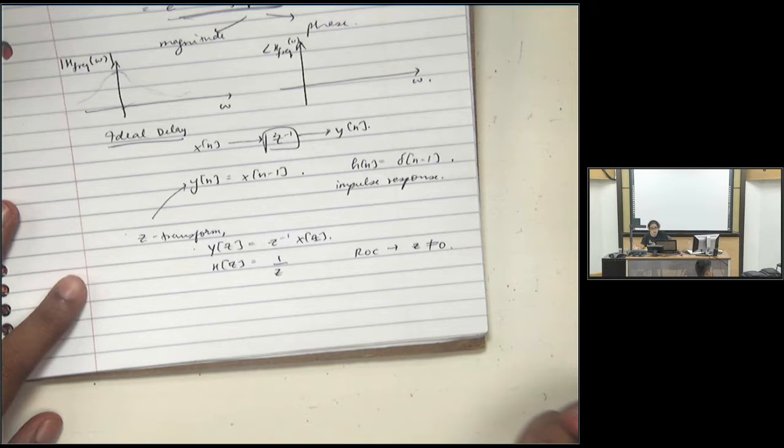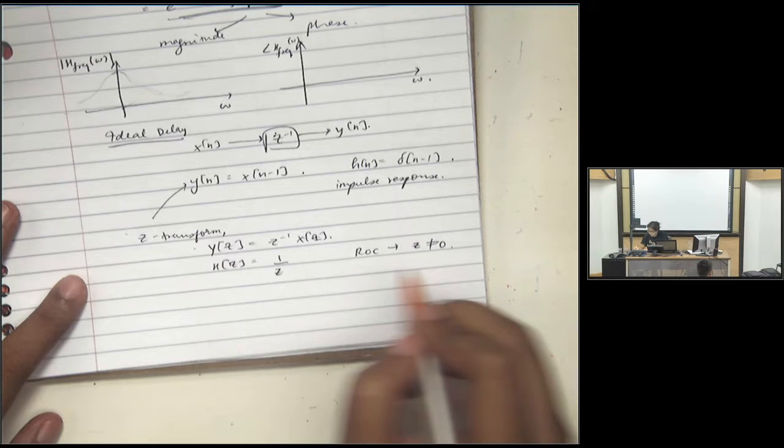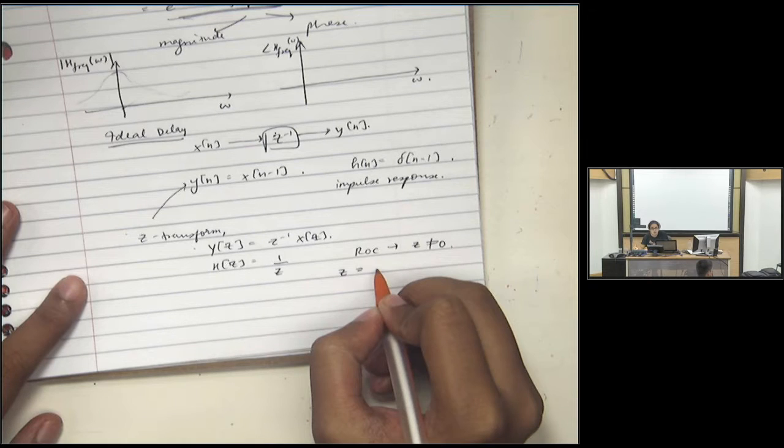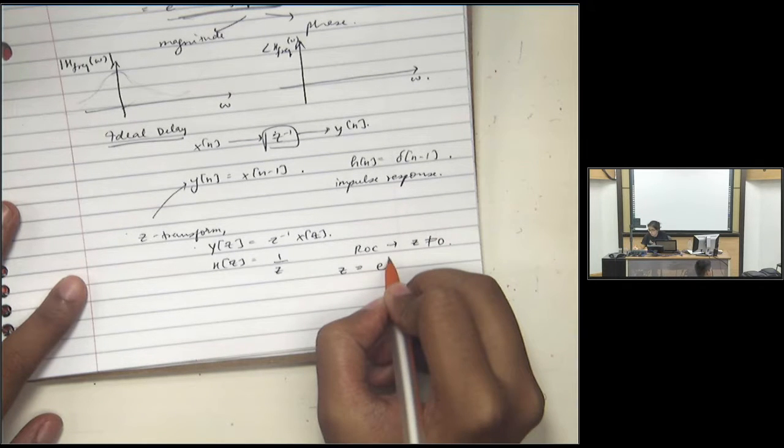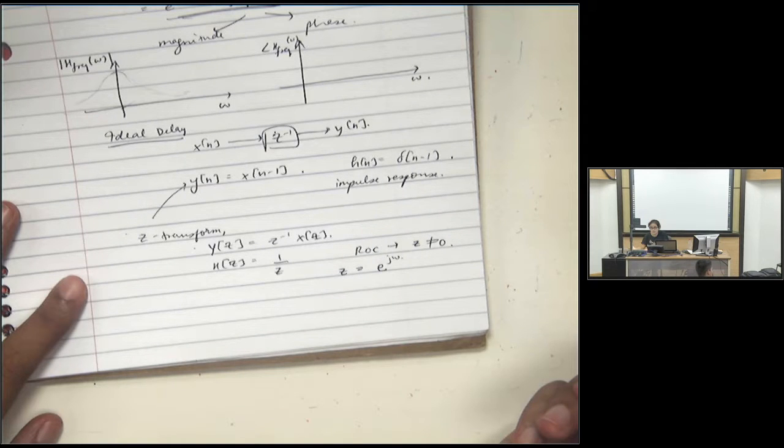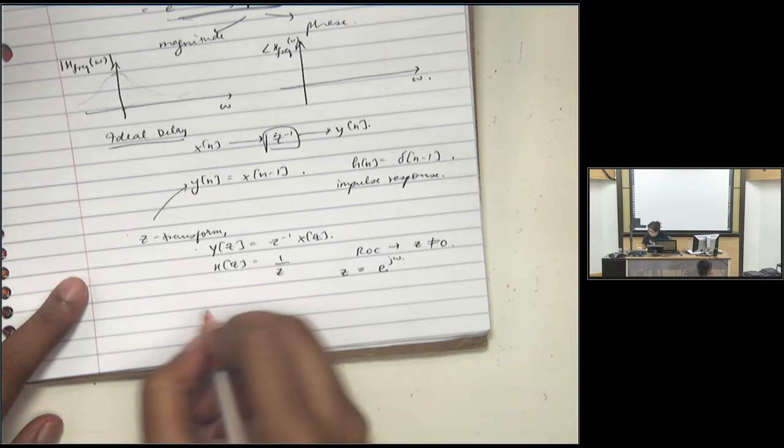And when the ROC includes the unit circle, then I can make a substitution z equals e raised to power j omega. Okay? When I go from S to frequency domain, then it's j omega. When I go from Z to frequency domain, it's e raised to power j omega. Okay? So now what is my frequency response?